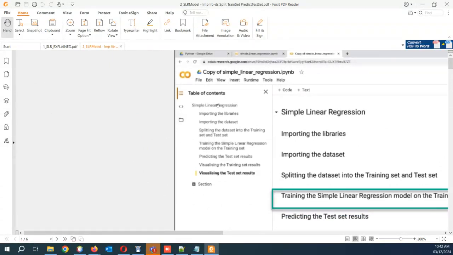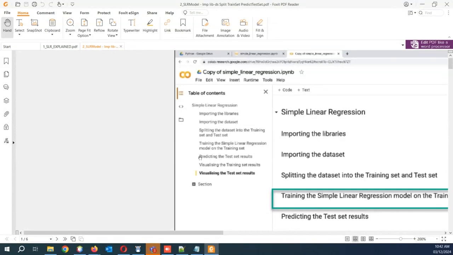In the last course, at the end of every 15 or 20 minutes when I was dedicating time, do you remember that I was importing the libraries, importing the data set, splitting the data set into training set and test set. I did not do this part.